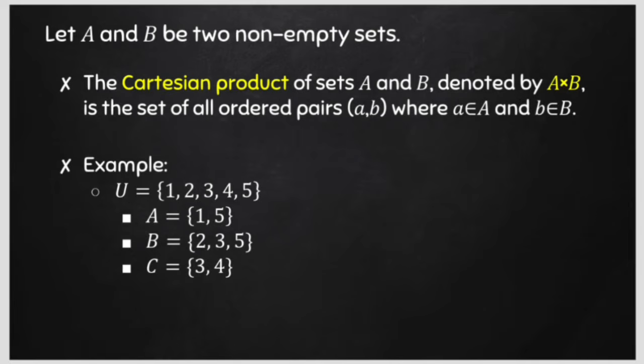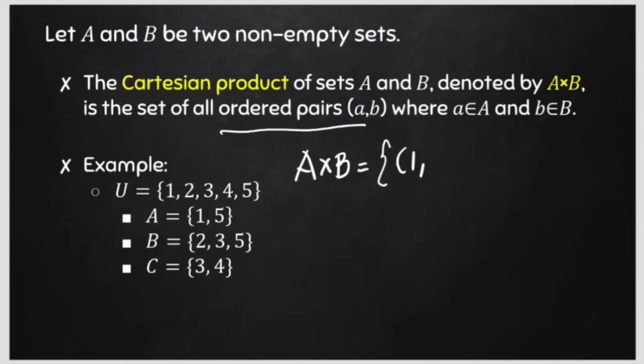Next, we have the Cartesian product of sets A and B, denoted by A times B, is the set of all ordered pairs (a, b) where a is an element of set A and b is an element of set B. So let's take, for example, A times B. My first coordinate would be from set A, so I'll have 1.